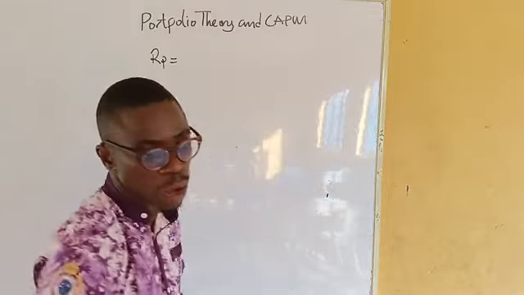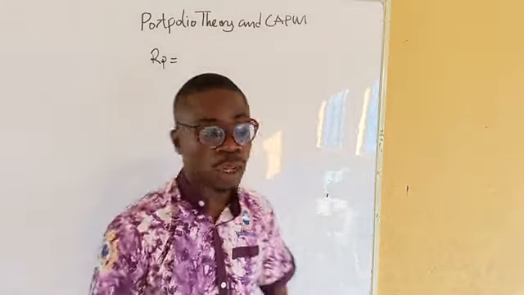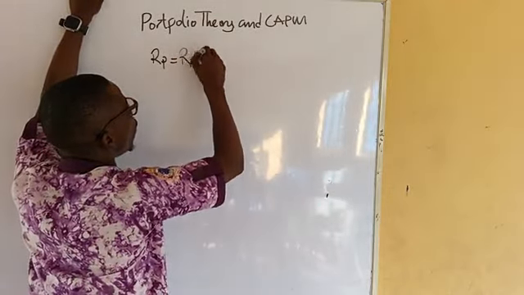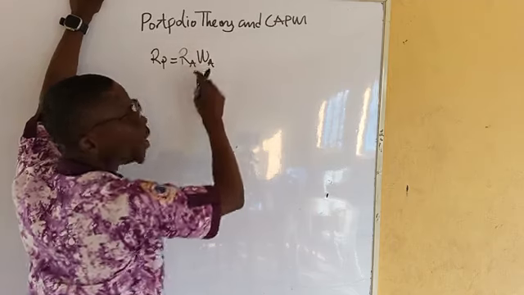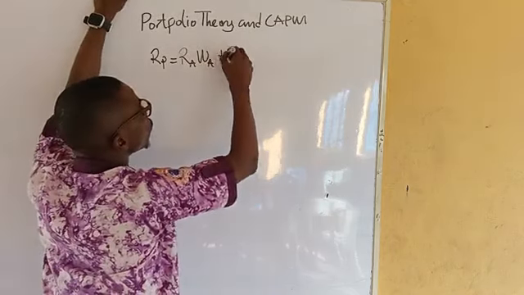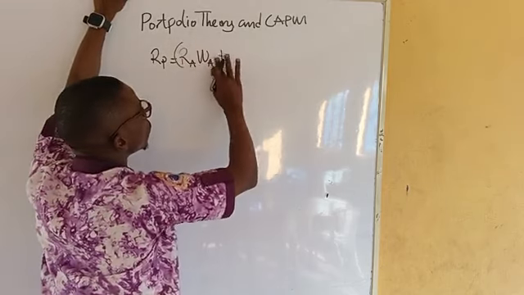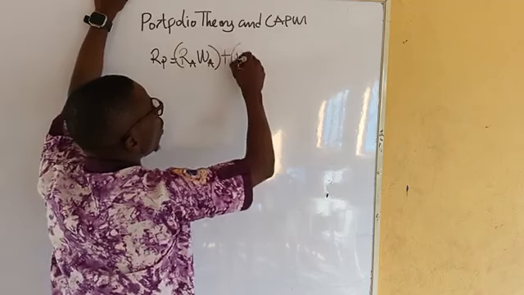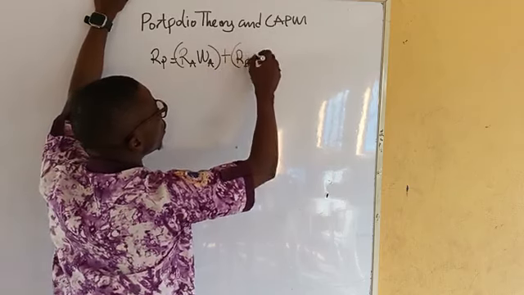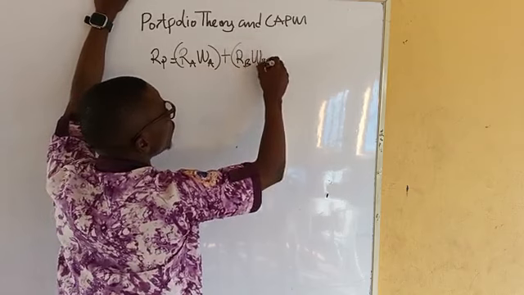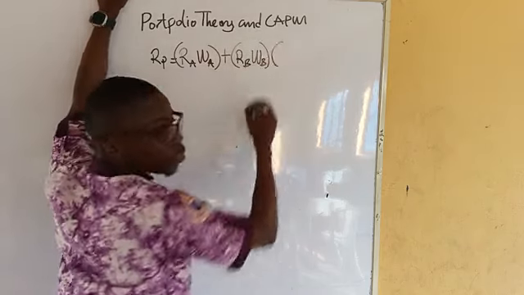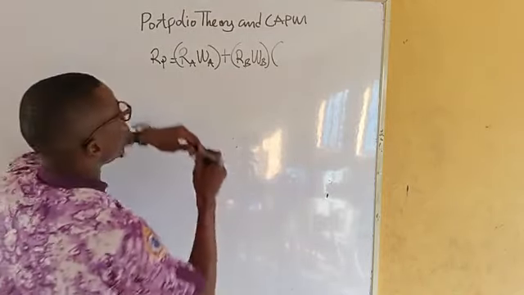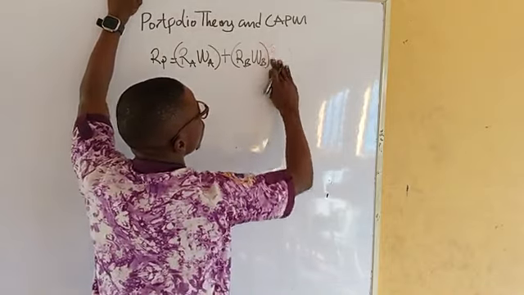So this is how the formula will now look. Are we together? We have the return on A times the weight of A, plus return on B times the weight of B. Sorry, I didn't put plus.